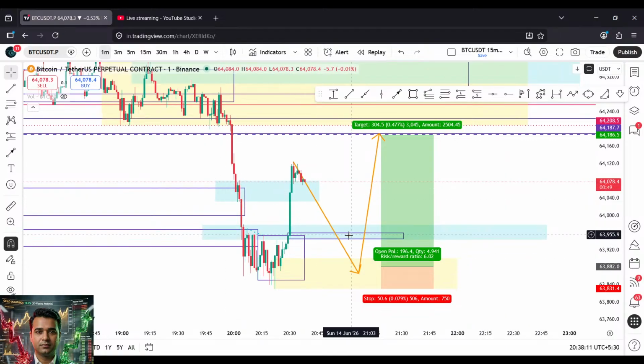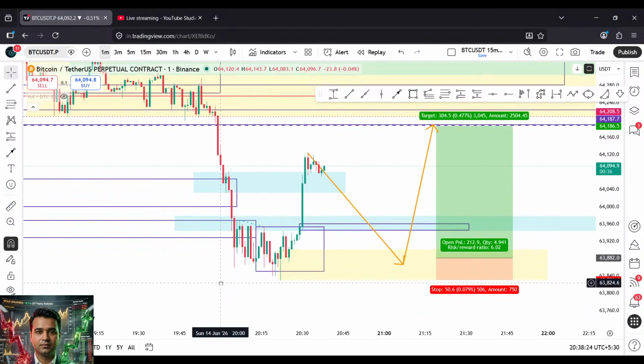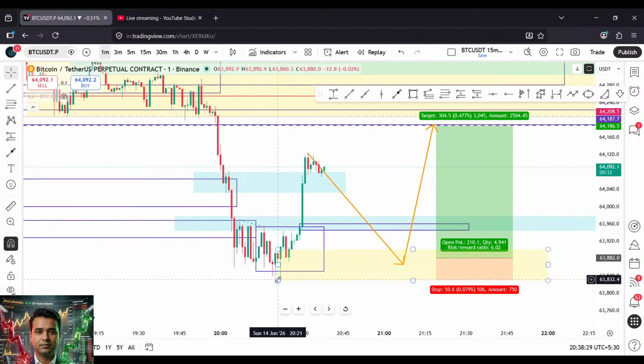You should look at the approach of the price here. If you look at here, what was the approach saying? It is almost like a 3 tap, 1, 2, 3, or 3 drive, 1, 2, and 3, third drive, 3 drive to the downside.